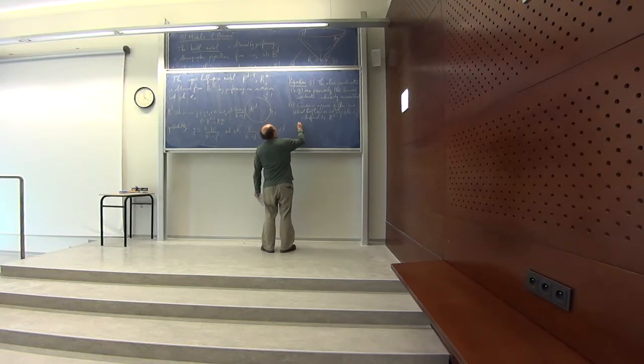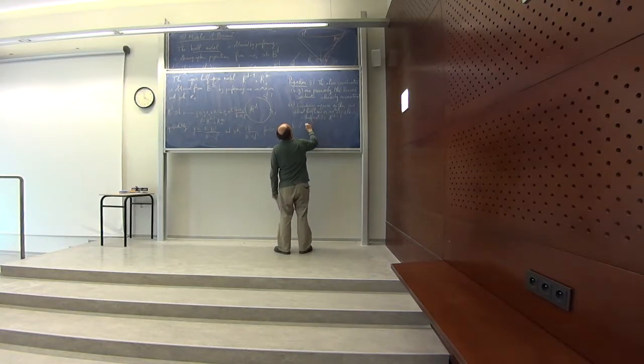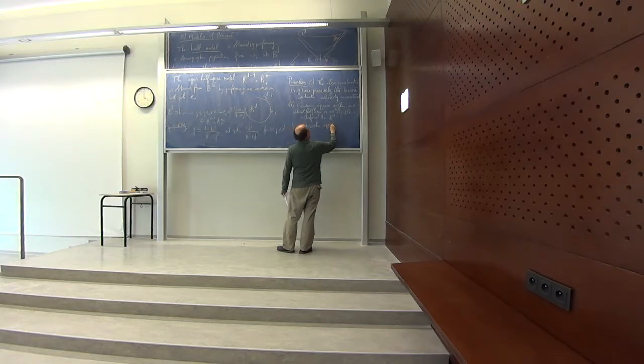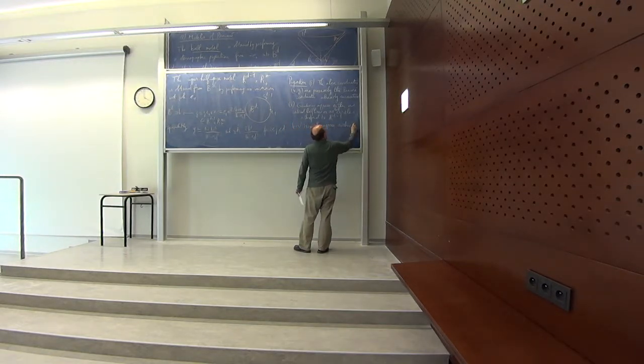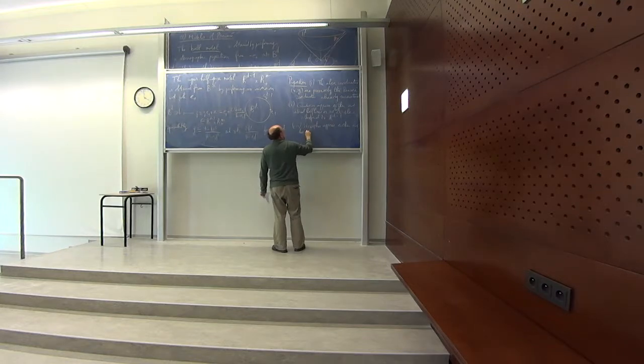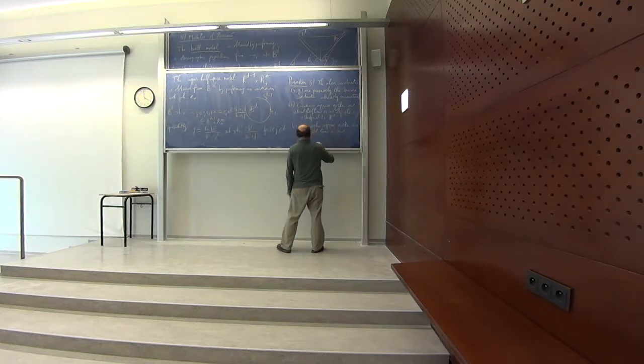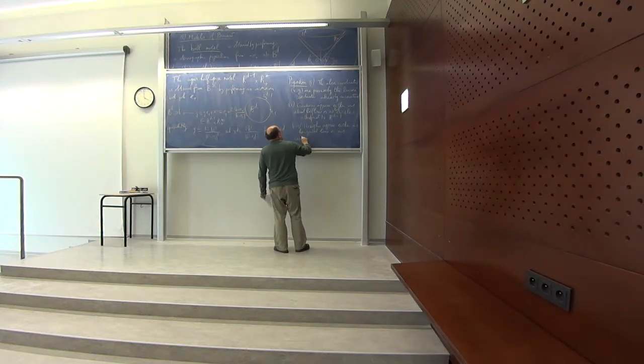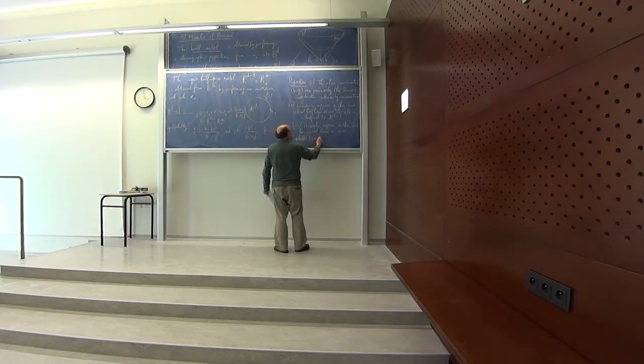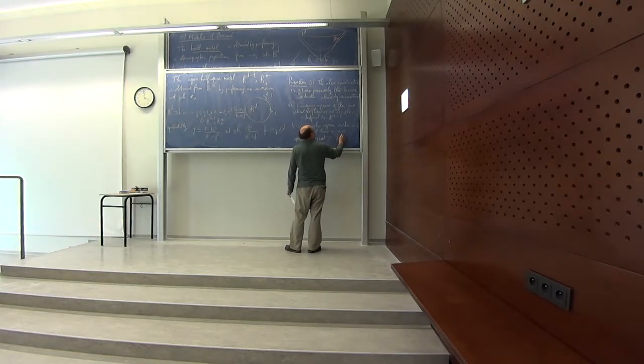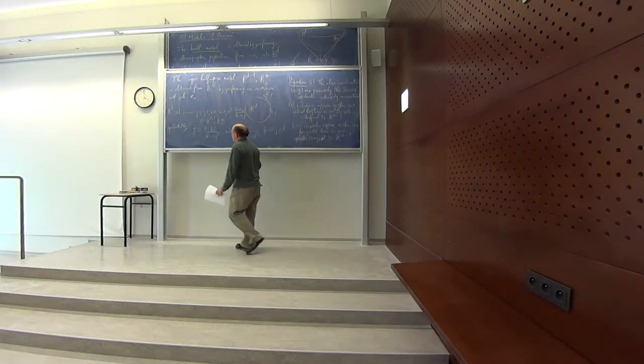I finish and I draw the picture. Spheres appear either as horizontal lines or as circles, spheres tangent to the boundary d minus 1.